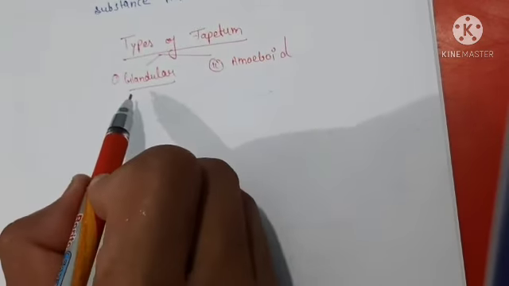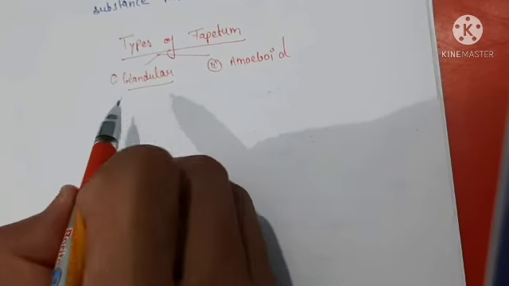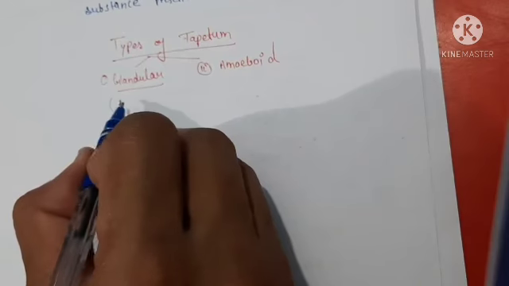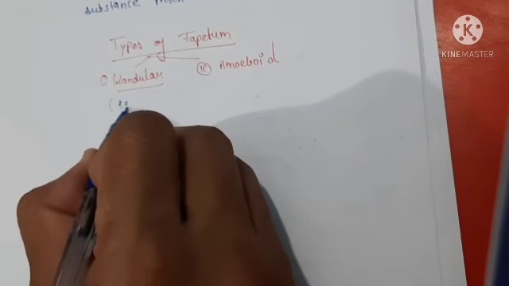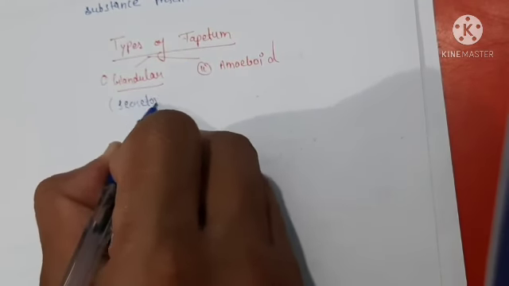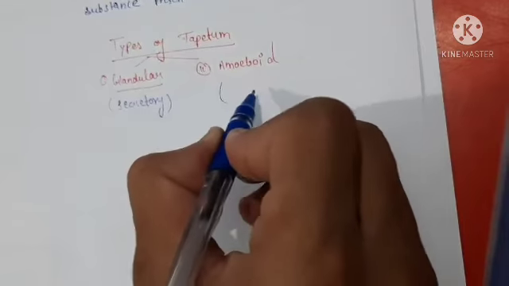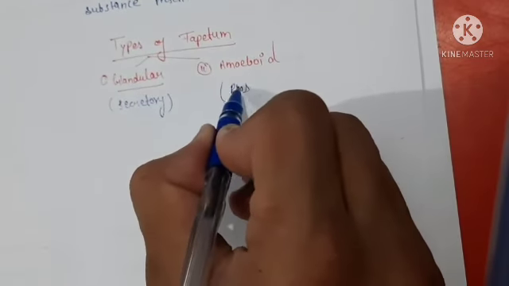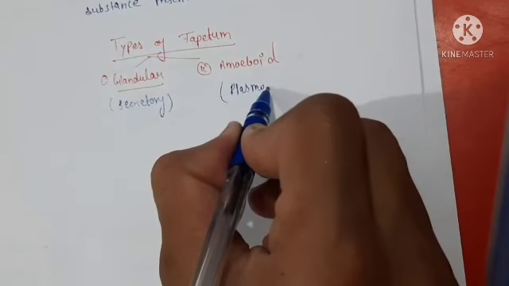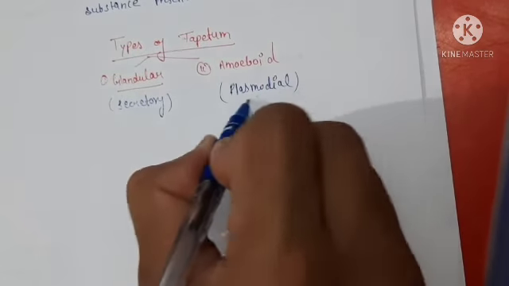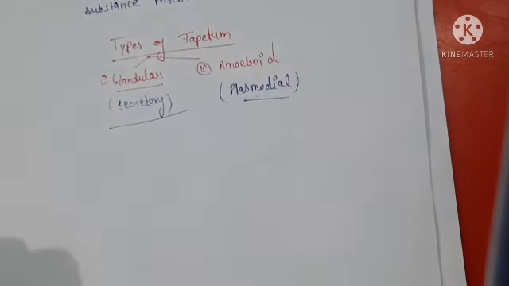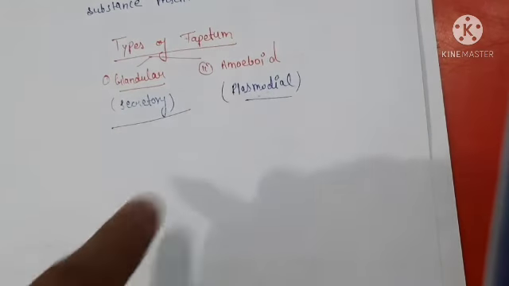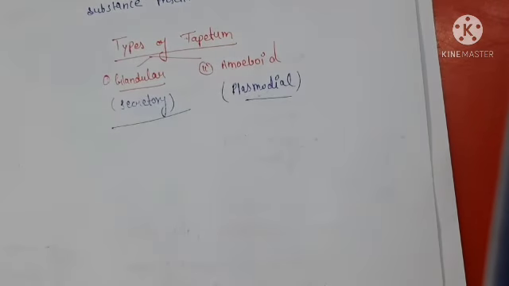Glandular is also called secretory tapetum, and amoeboid is called plasmodial tapetum. Glandular also called secretory, amoeboid also called plasmodial. That's all about tapetum.